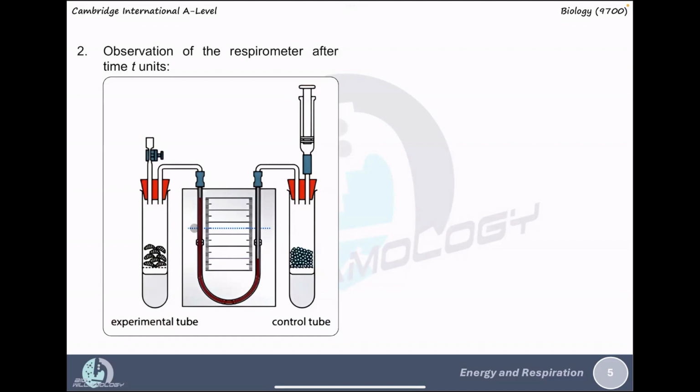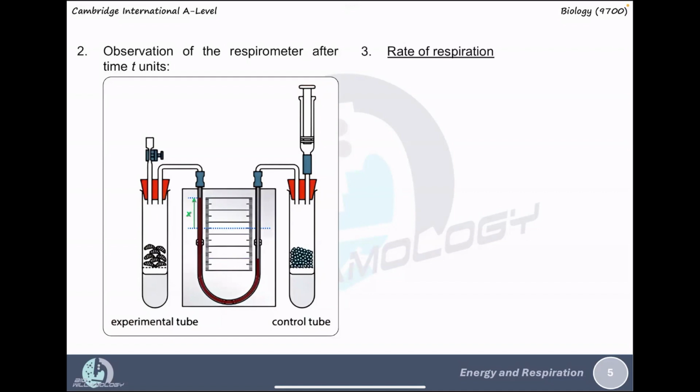This blue dotted line indicates the origin when the time equals 0. After T units of time, the manometer fluids move towards the experimental tube. So we can measure the distance, and this distance is denoted by X millimeter.